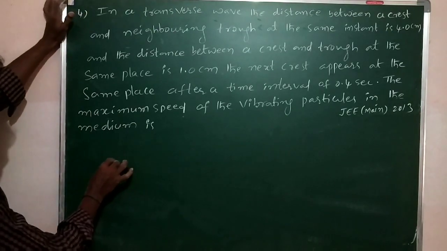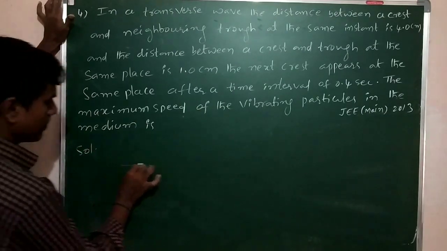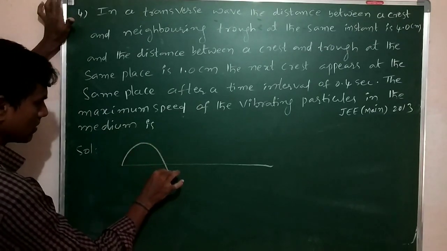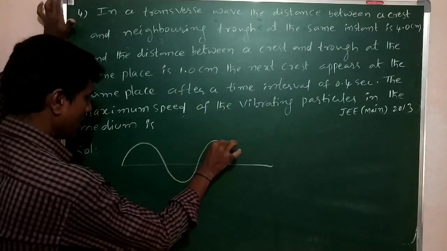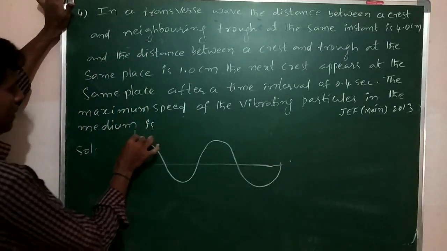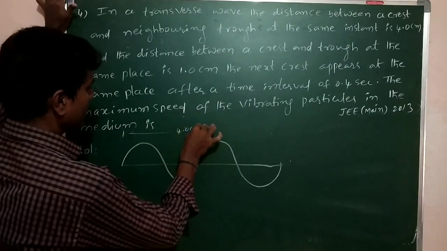Now the transverse wave is moving along the x direction like this. Here it is given from here to here 4.0 centimeters.